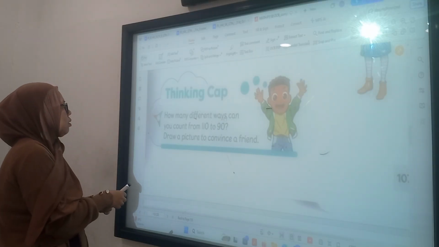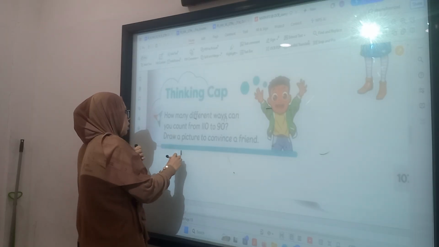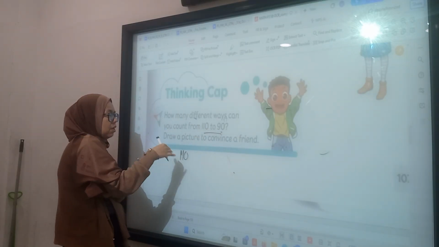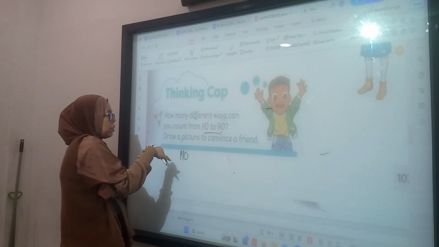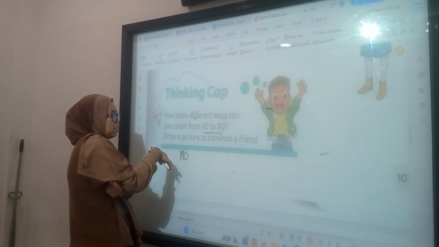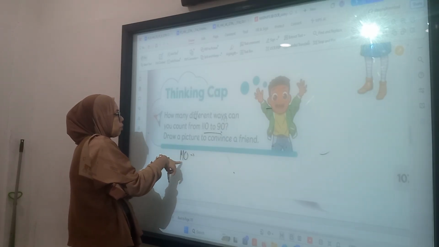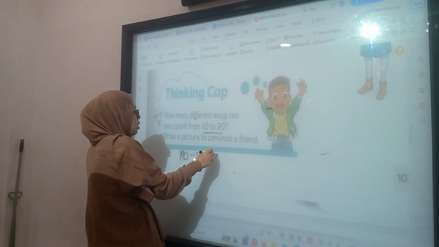How many different ways can you count from? Okay, so if we count from 100 to 90, it means that the number is decreased, right? So I can make it as a countdown. It means that I have to subtract. So I can subtract in tens. So from 110 become 100 and then become 90 like this.